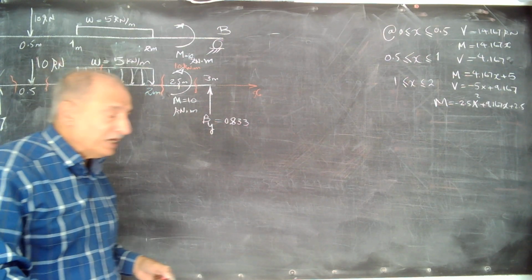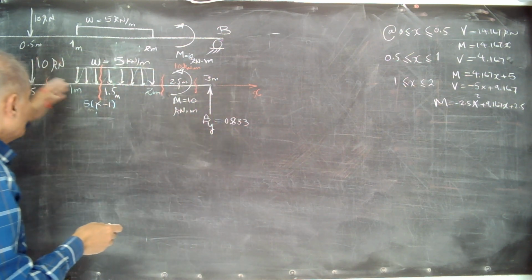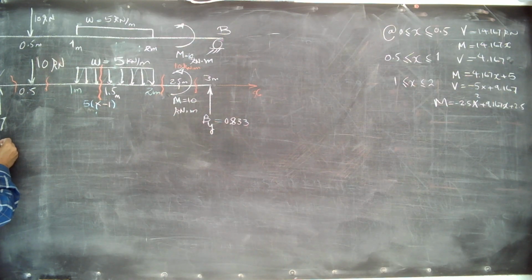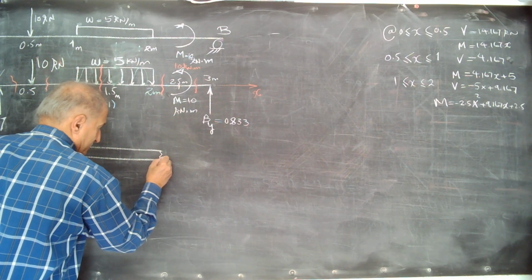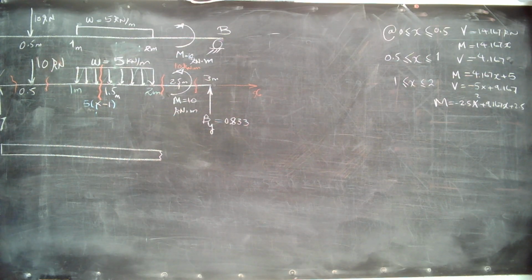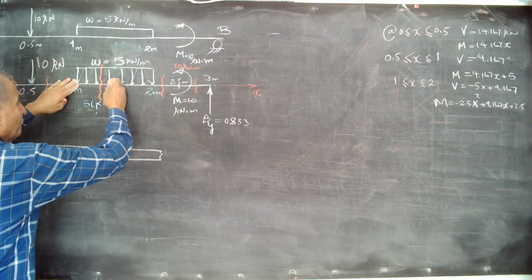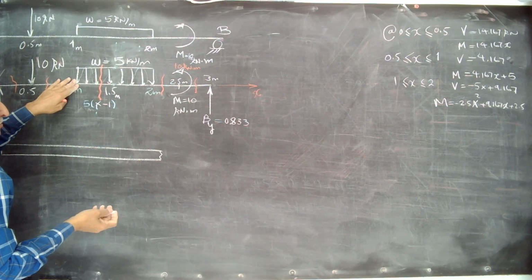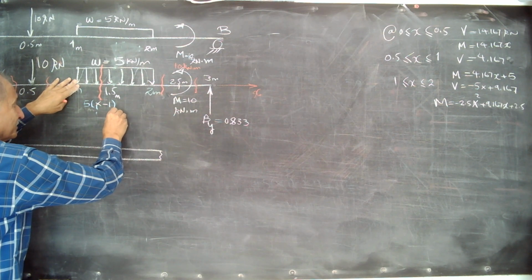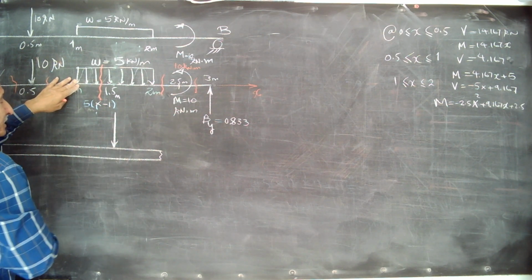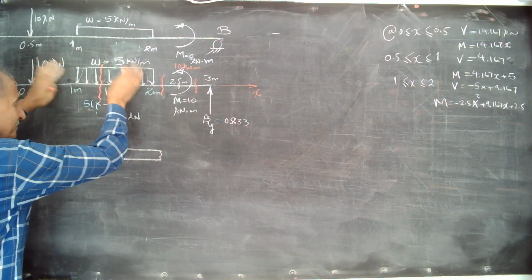Some students, when they reach here, see that the right side portion is smaller and simpler than the left side. But let's stick to the left side portion. Then, when you pass through the uniform loading, it converts to its equivalent concentrated load. If you are inside, this is distributed. When you pass it, it is a concentrated load, which is 5 times 1, is 5 kilonewton. We get rid of that anyway.